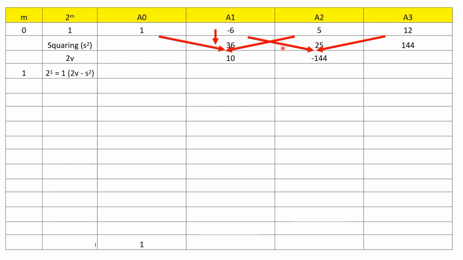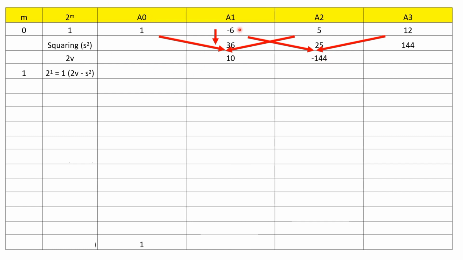Next, we will have 2v minus s squared for a sub 1 and a sub 3. But for a sub 2 it's the opposite: s squared minus 2v.